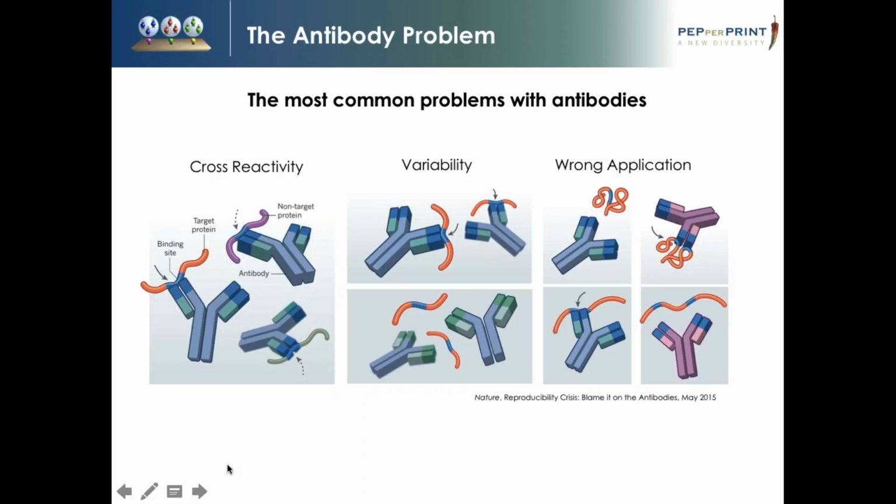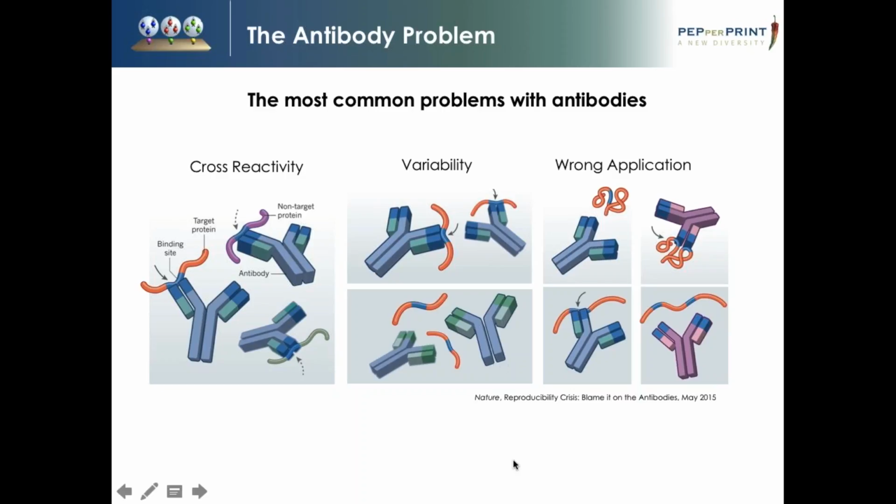Variability: different antibodies coming from different animals behave and fold differently. So there's usually a lot of variability in the antibodies, and as you can imagine, in a commercial setting it's so high throughput that they're constantly using different animal batches and so on.